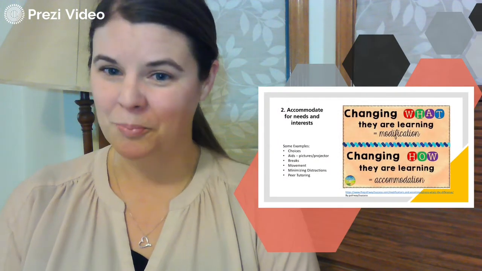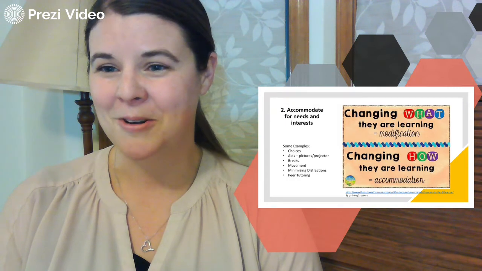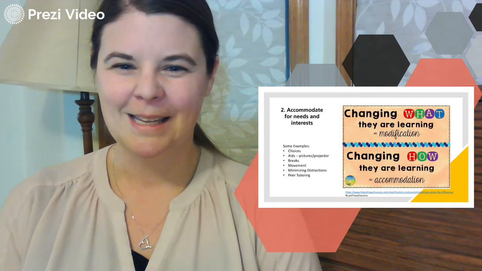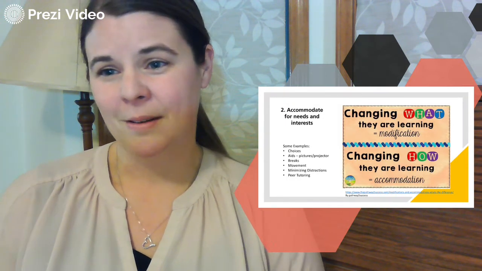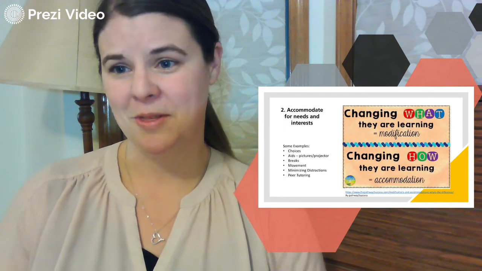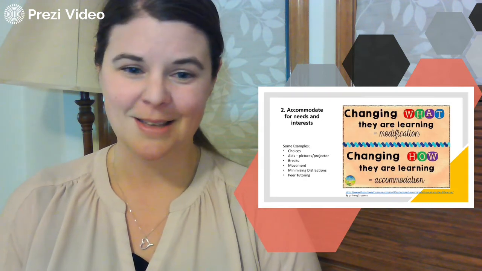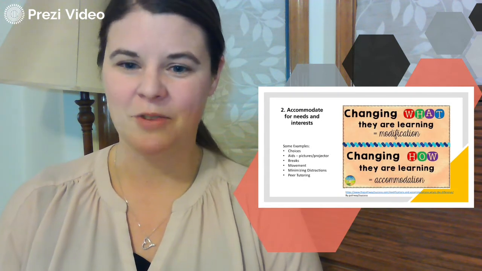On to point 2. We need to accommodate the needs and interests of our diverse students. Because we have diversity of learning abilities within our classroom, we have to be prepared to make modifications and accommodations for each and every student.